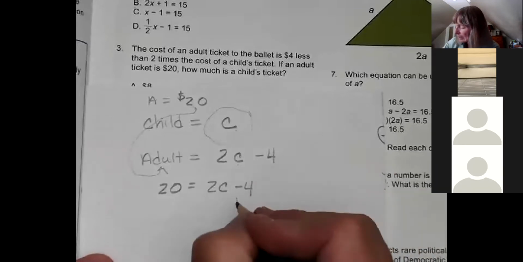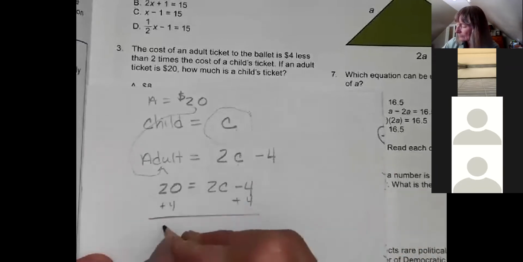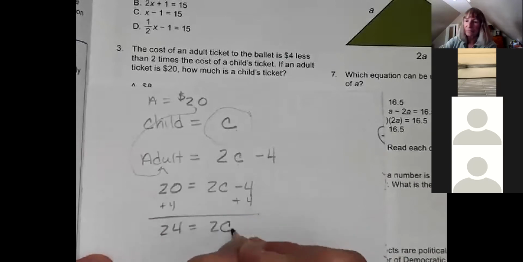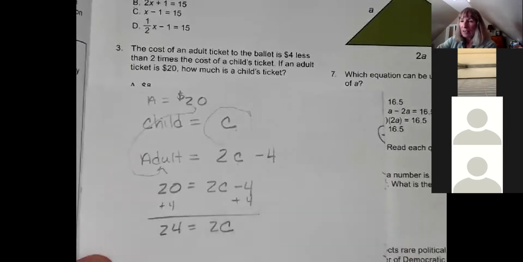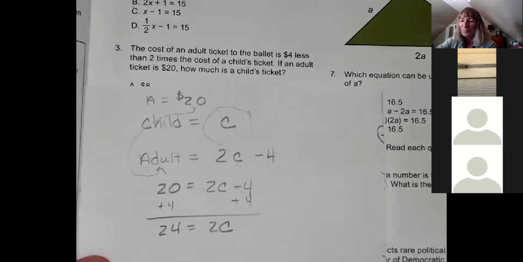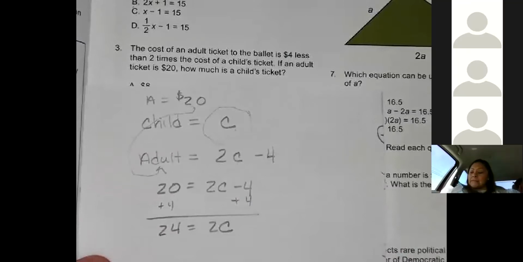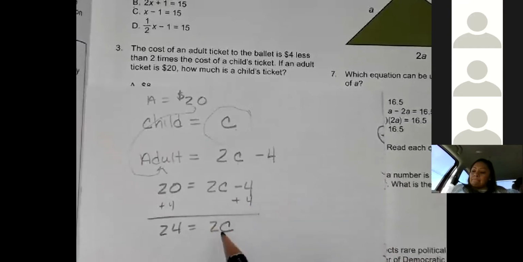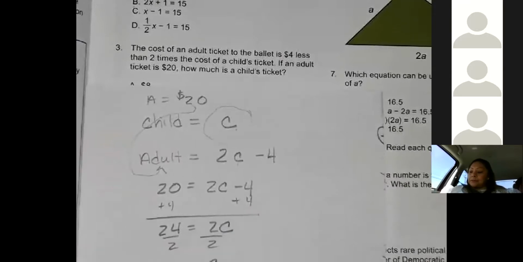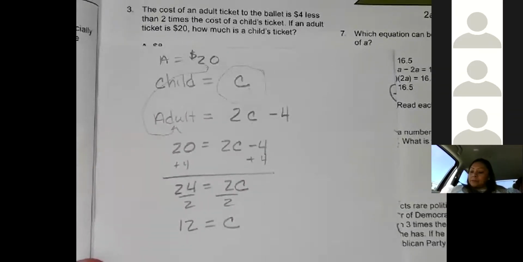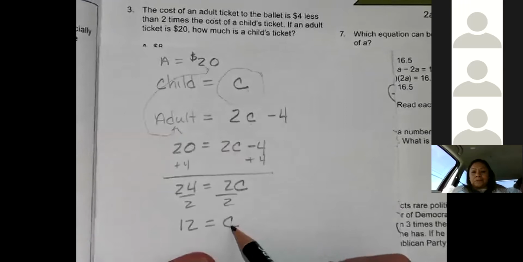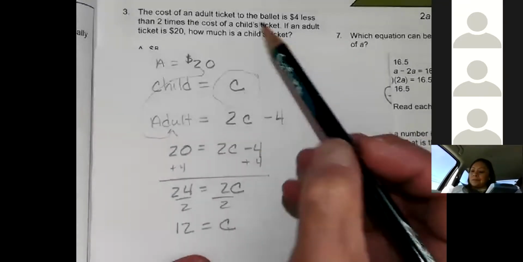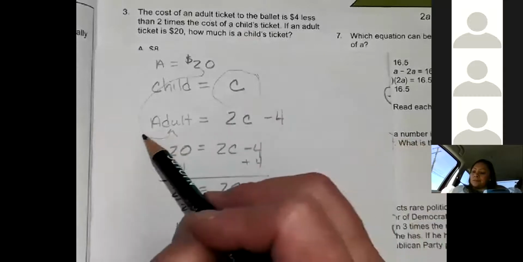I want to add 4 to both sides. Okay, and then I need to divide both sides by 2, and I get that 12 equals the cost of the child's ticket. Then we can go back and make sure that this answer makes sense with the original description, which we wrote down like this.